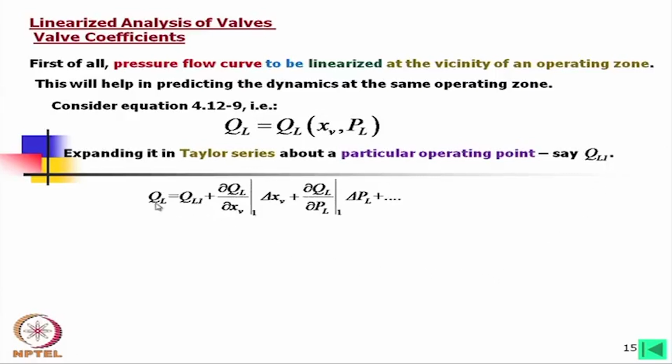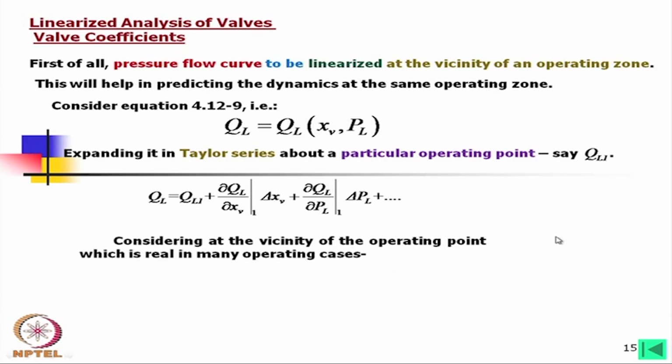Then Q L is equal to Q L 1 plus del Q L by del x v times delta x v, plus del Q L by del P L times delta P L, plus then there will be del square Q L by del x square, etcetera. That is the Taylor series, as you know, but in reality the second order terms will be negligibly small. So, that part we can neglect.